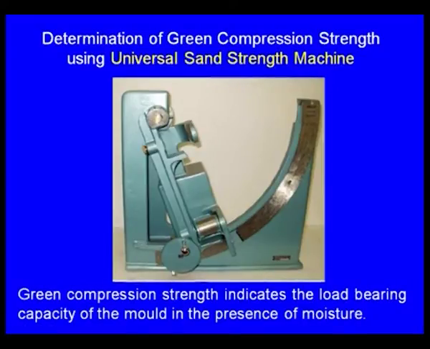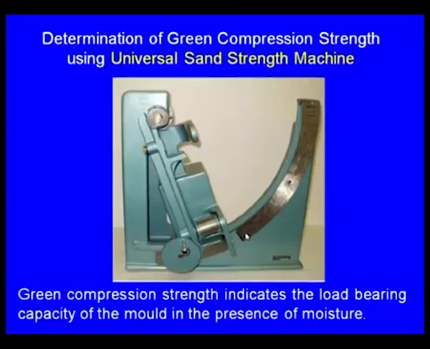A magnet is carried along with the pendulum, somewhere here. As the pendulum goes up, the magnet goes along with it. The moment the sand specimen breaks, the magnet will be arrested, and of course the pendulum comes back because the specimen is broken. Where the magnet is arrested, that is the green compression strength.